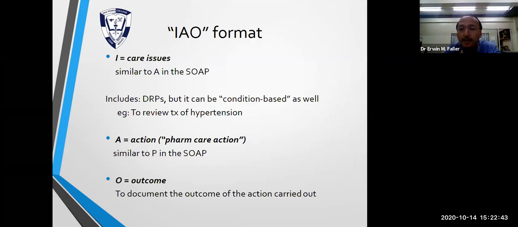You don't ask the patient, "Mom, do you have a drug-related problem?" No, because it surfaces later on, by asking different questions about the particular themes or problems. And you will have probable actions or interventions, and then the outcome that you need to carry on for your patient.